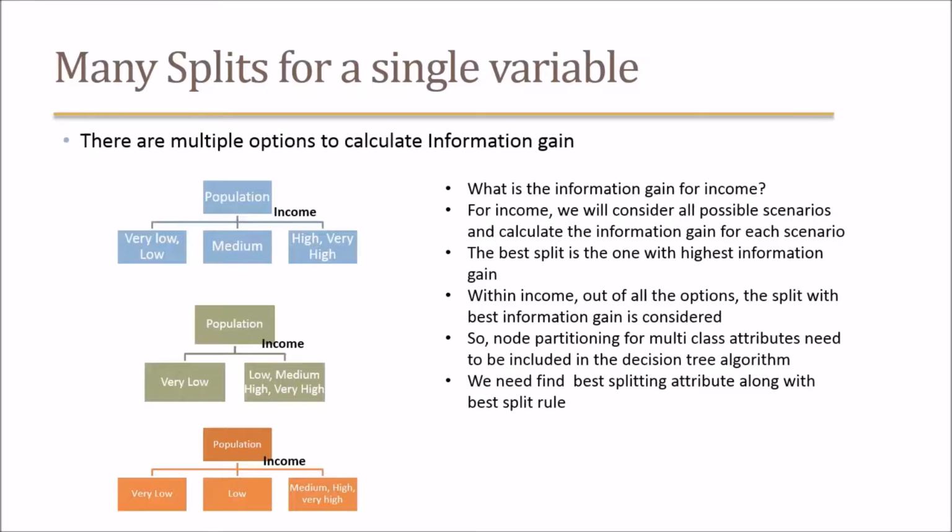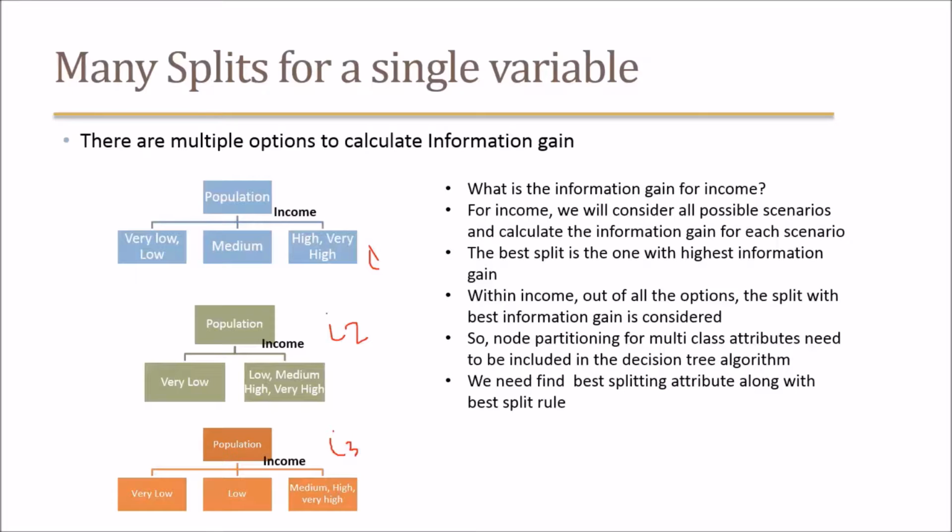For each scenario we will find the information gain. So let us say for this scenario information gain is I1, for this scenario information gain is I2, for this scenario information gain is I3. Similarly, there are multiple scenarios, we'll find multiple information gains.